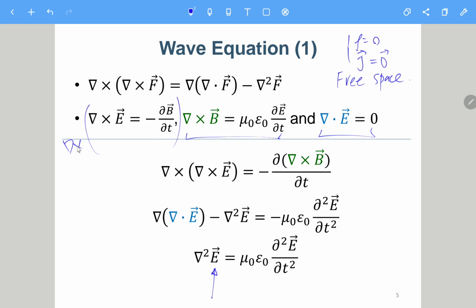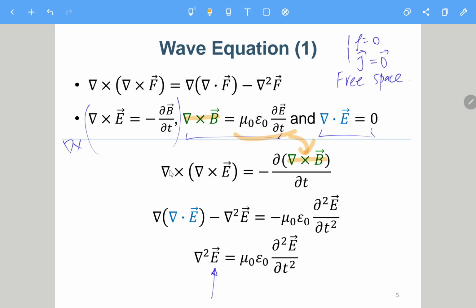So we just assume that changing the order of derivatives is okay, and put this one inside the partial derivative of t. So we have the curl of B inside the partial t. Here we can see a curl of B, so we can make use of the second equation, which means we can just plug this one in here.